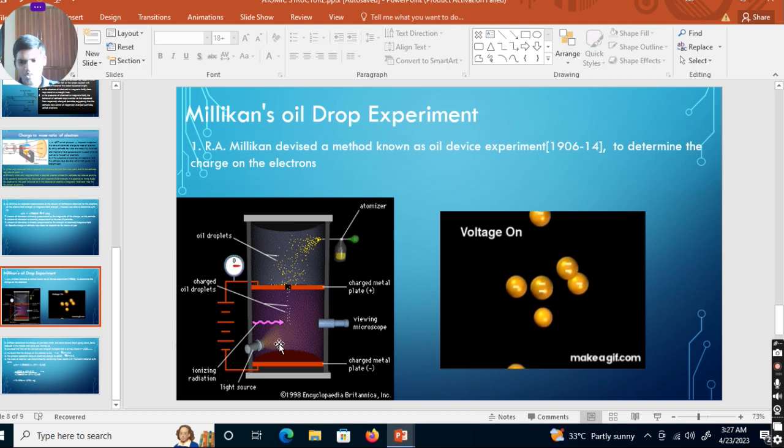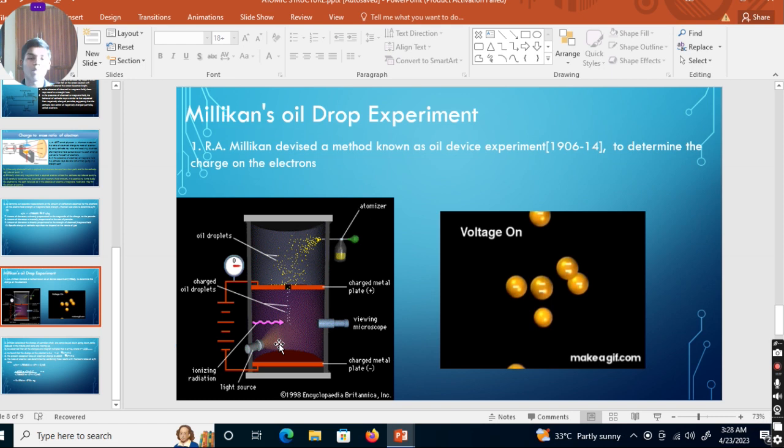So why do the oil particles become slowed down? It means the charge in X-rays was acquired by the oil particles. The oil particles acquired charge and they become slowed down.